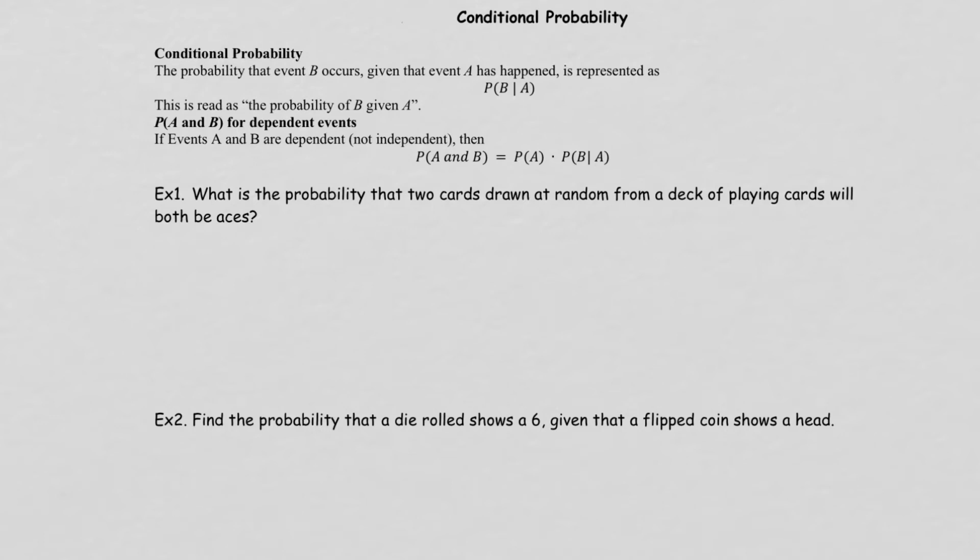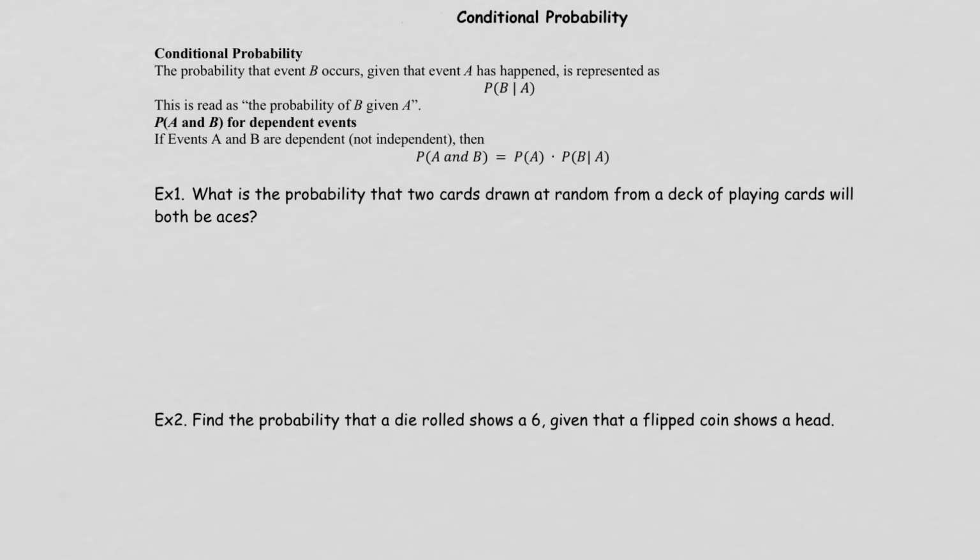So when you're looking at the first problem, it's: what is the probability that two cards thrown at random from a deck of playing cards will both be aces? They didn't mention replacing the card back or anything like that.